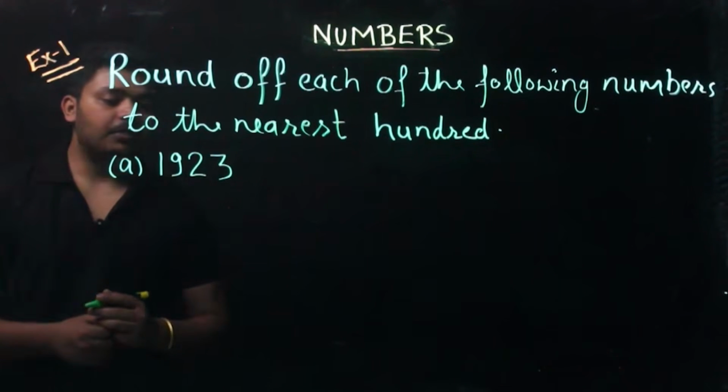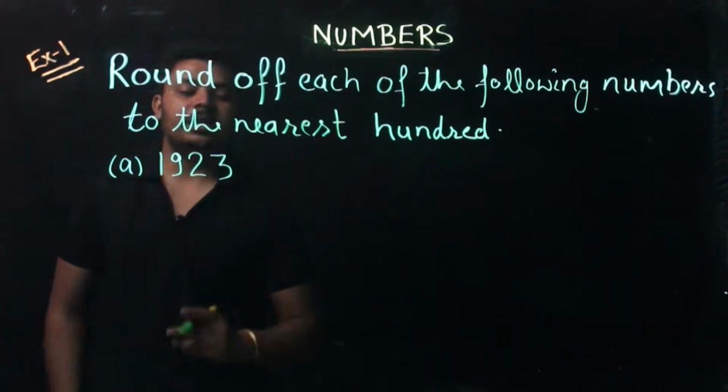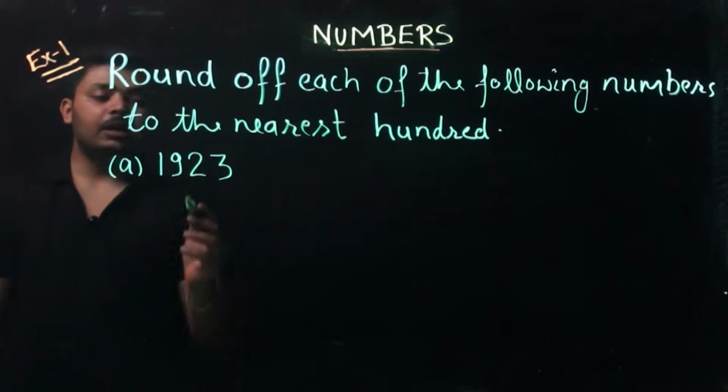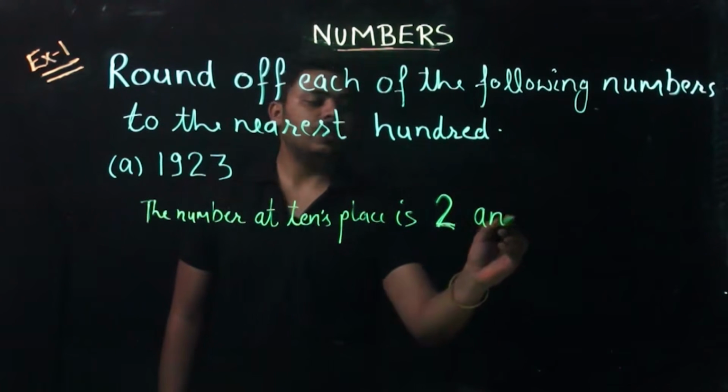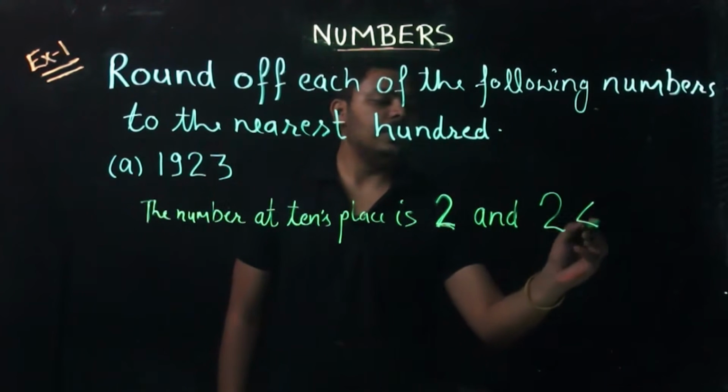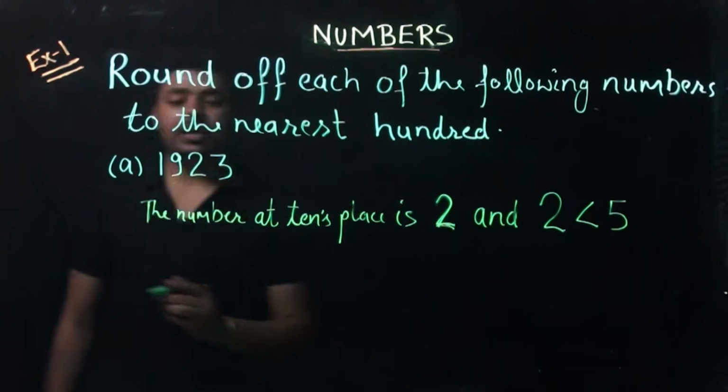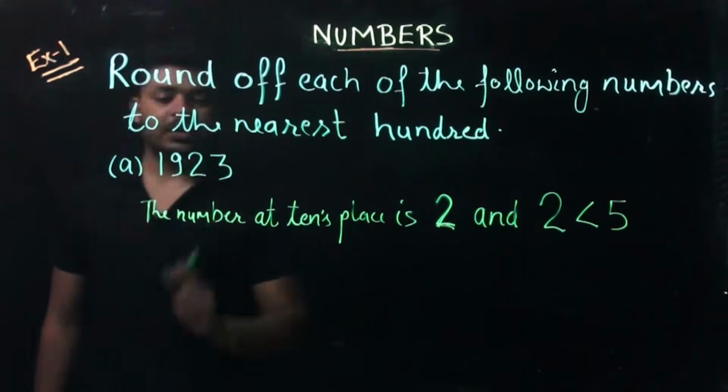In this example, we are given 1923. As you can see, the number at tens place is 2 and 2 is less than 5. So replace the number at tens and ones place with 0.